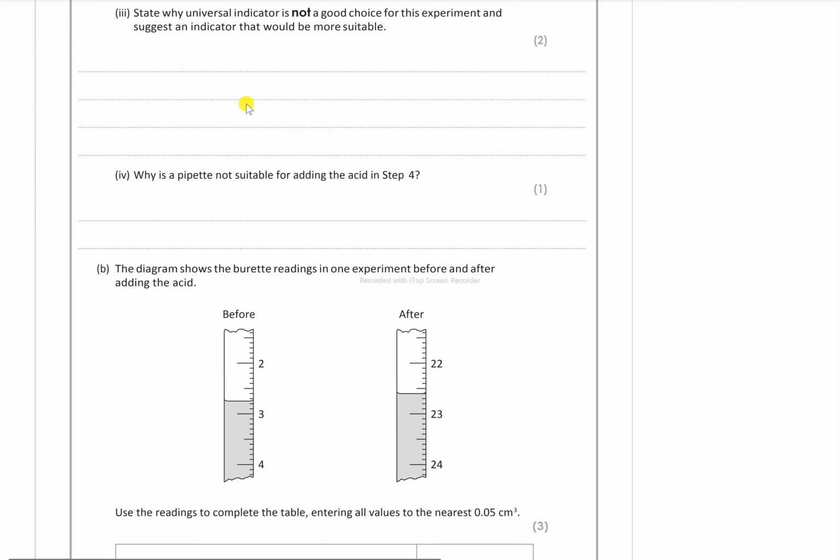Why is the universal indicator not a good choice? Again, this is a standard question, right? The color change is gradual, and not sharp, or you can say it is not sharp. Right, what would you say?